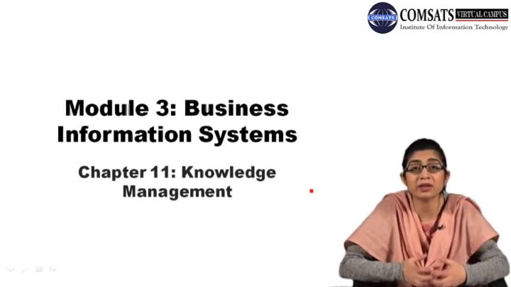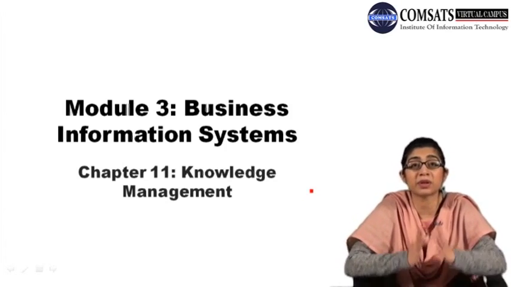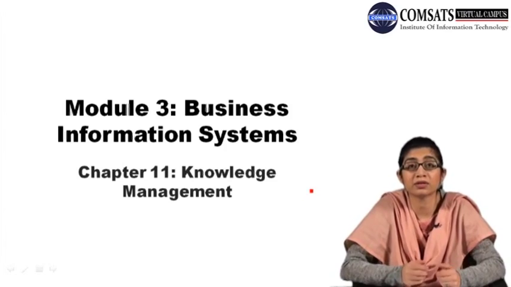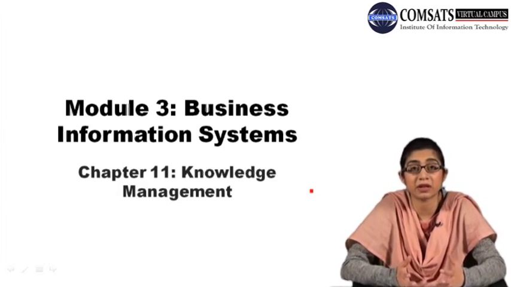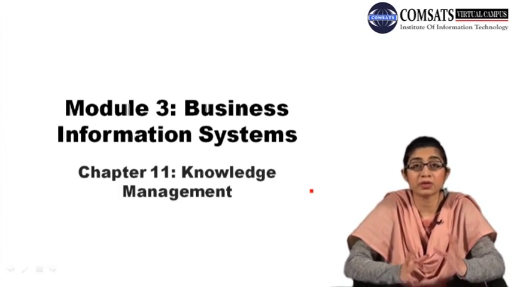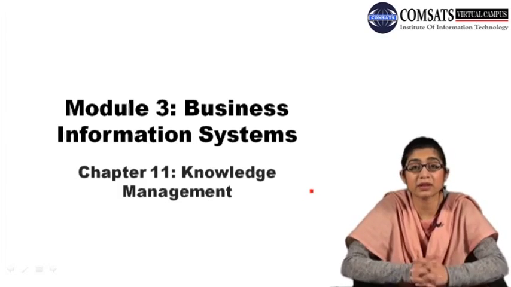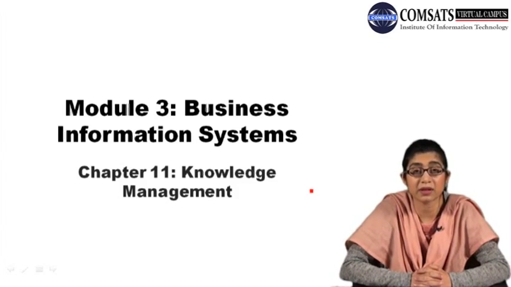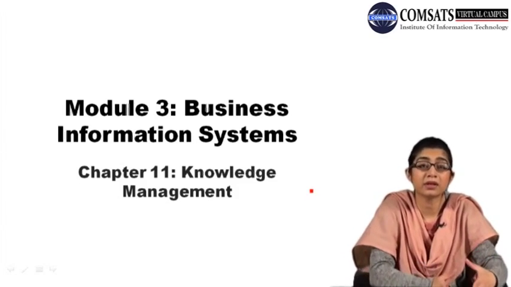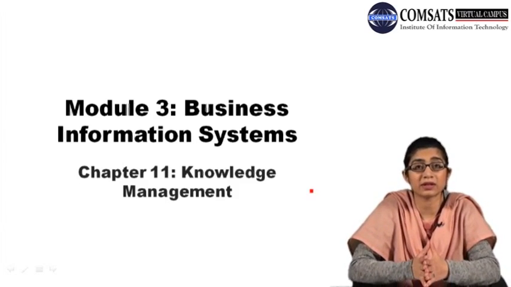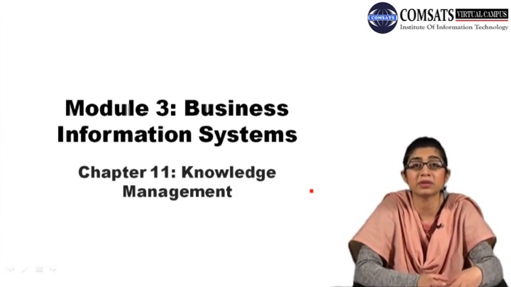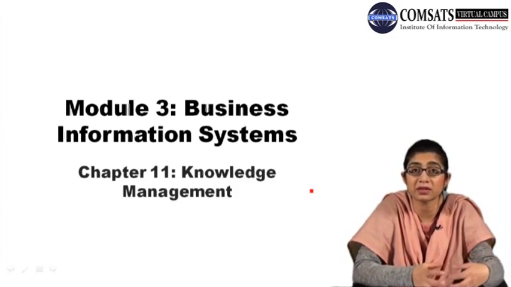Even at the executive level, the decisions are more novel, more problem solving is required, crisis management is required, strategic implementation is required. So all of these information systems are there to help the managers or the organization achieve the organizational goals and also help them in the decision making process.